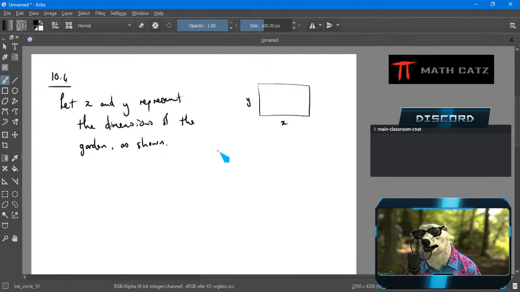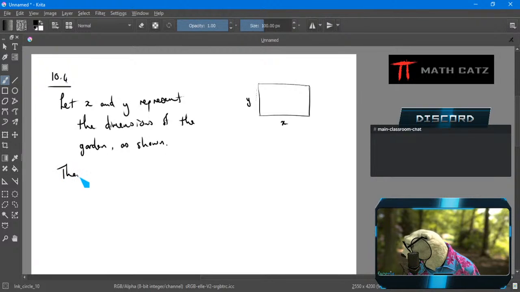All right. So now I know what X and Y represent. If I look at my question, I have 100-foot long fencing to use. So that means the fence is going to go all the way around. It's going to be the perimeter of the garden.